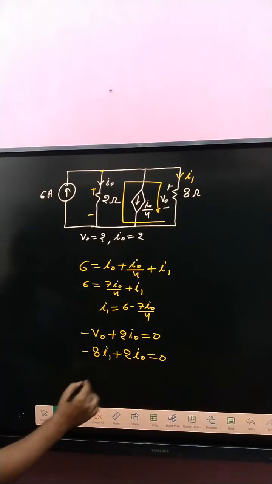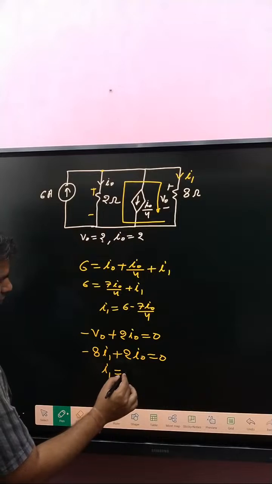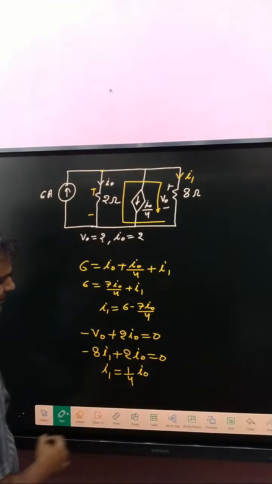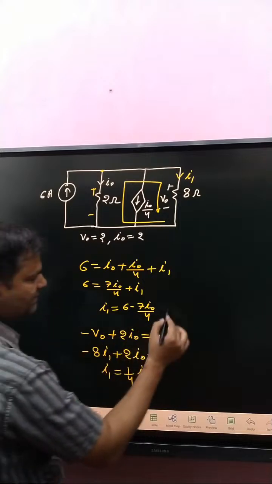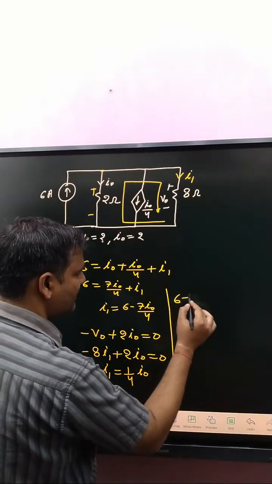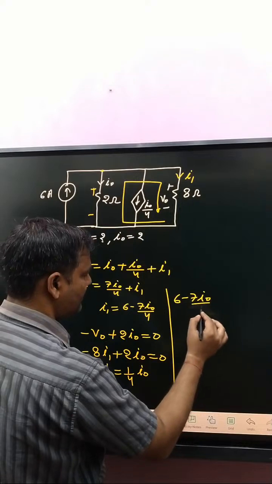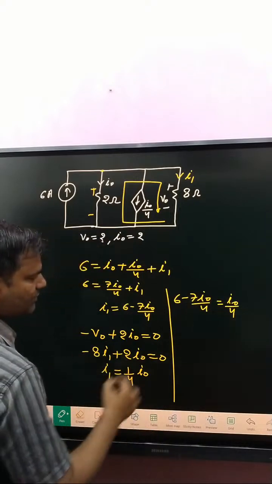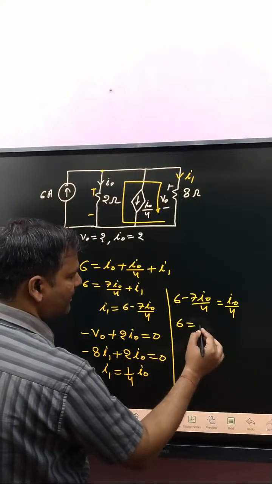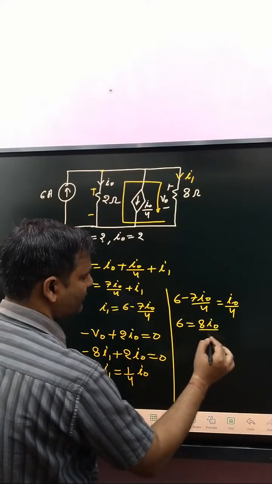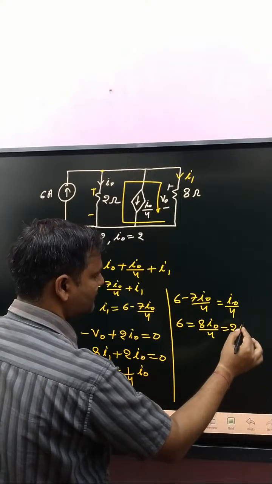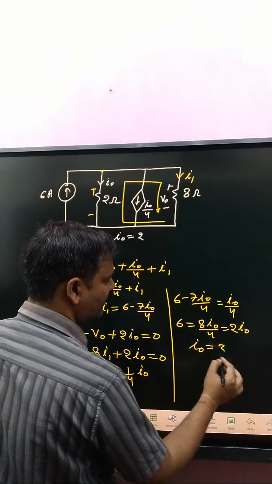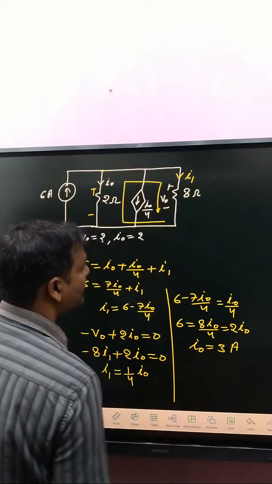So I1 is equal to 1 by 4 into I naught. What about I1? 6 minus 7 I naught by 4 is equal to I naught by 4. So 6 is equal to 8 I naught by 4, so 2 I naught. So I naught is equal to 6 by 2, that is 3 ampere.